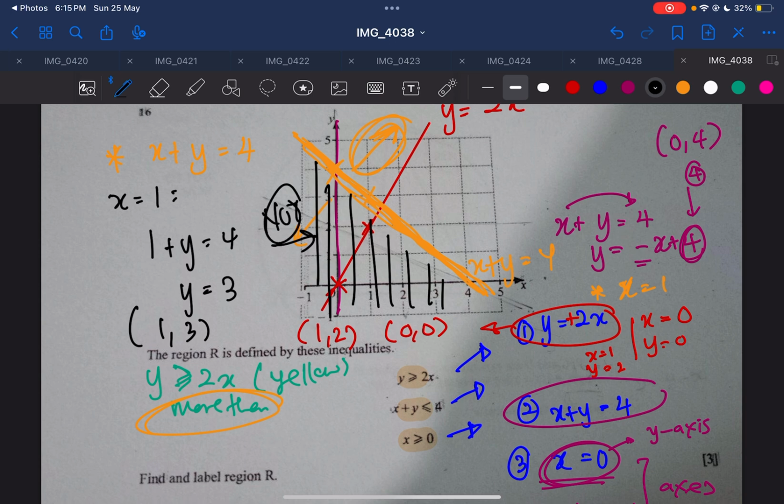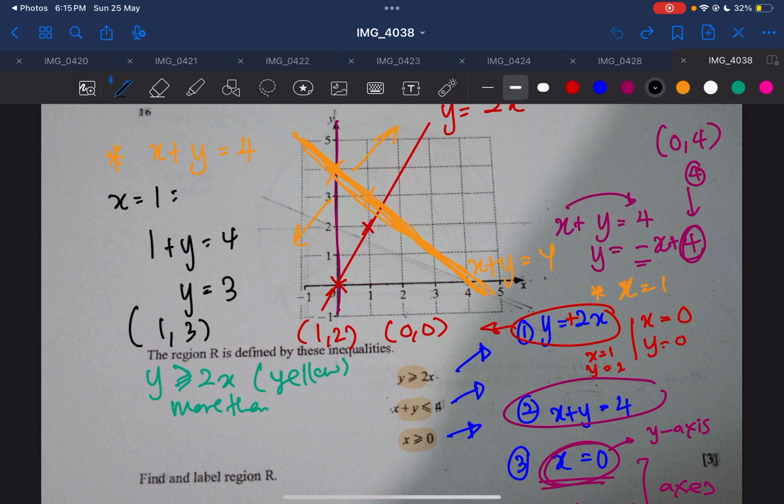Okay. Now, let's read this one. x plus y less than or equal to 4. It means it's the line. Oh, sorry. I looked at the wrong line. Sorry. Okay. The first one should be the red line. Okay, so again, more than, less than. So more than definitely on the top. So not this one.